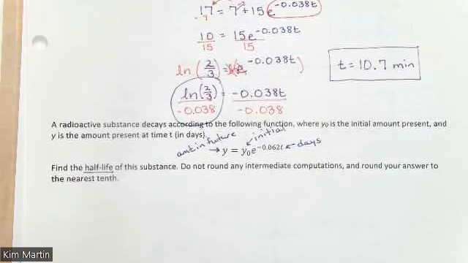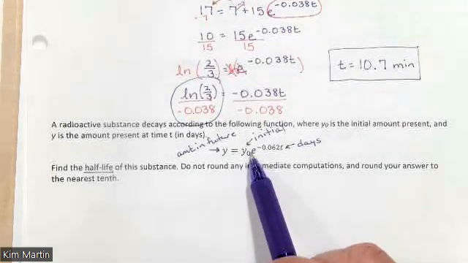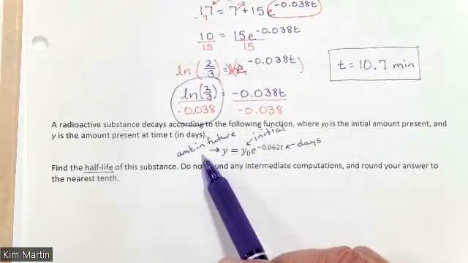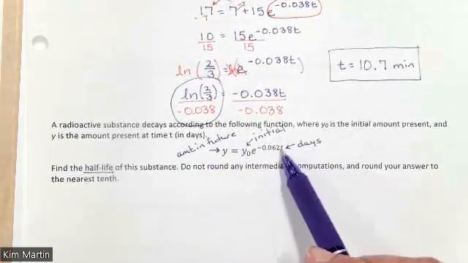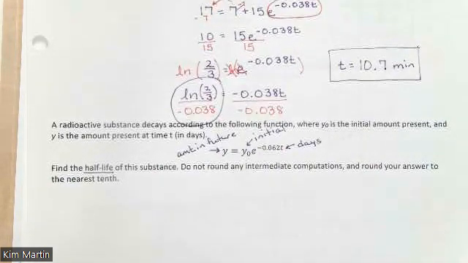So here's the thing. When you figure out a half-life, you want to find out the time. Now, the reason this is going to be really weird is they don't give you anything. They don't give you your initial. They don't give you the amount in the future, and they don't give you the days, do they? Here's how you can find it, though.